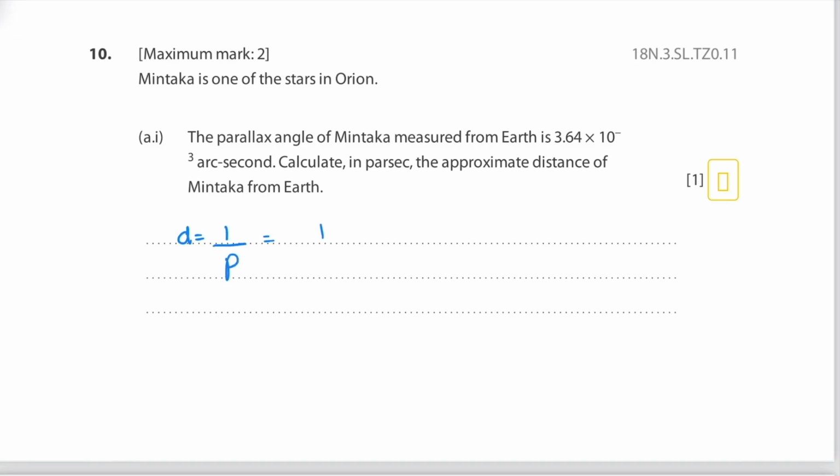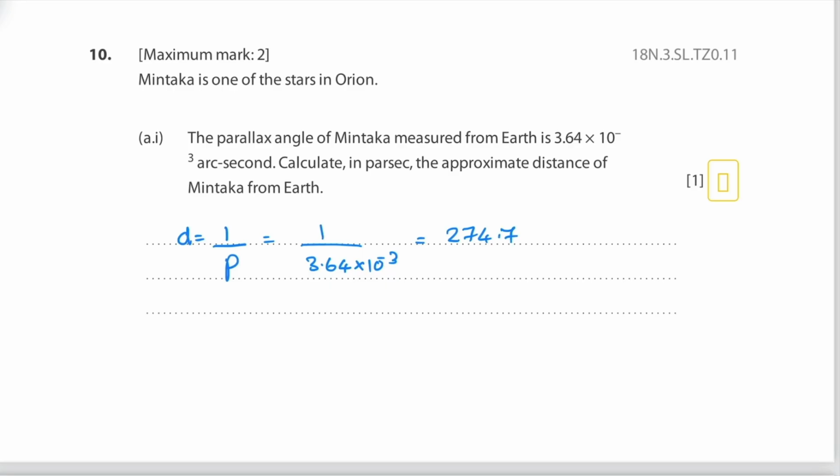So we do 1 over 3.64 times 10 to the minus 3, which gives us an answer of 274.7 parsecs. We've got to put that to 3 significant figures, so 275 parsecs. Just to reiterate that, if your angle is in arc seconds, then you can use this really simple equation to find out the distance in parsecs. There's no messing about between the units to find things out.